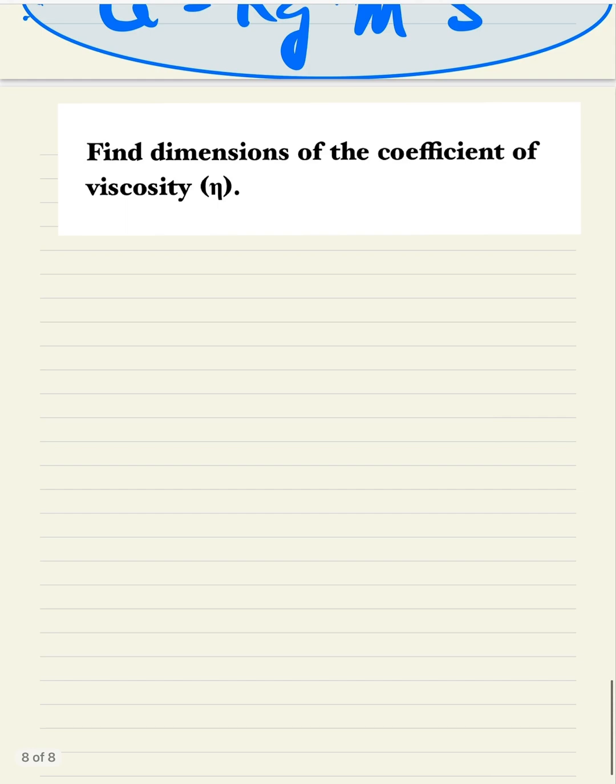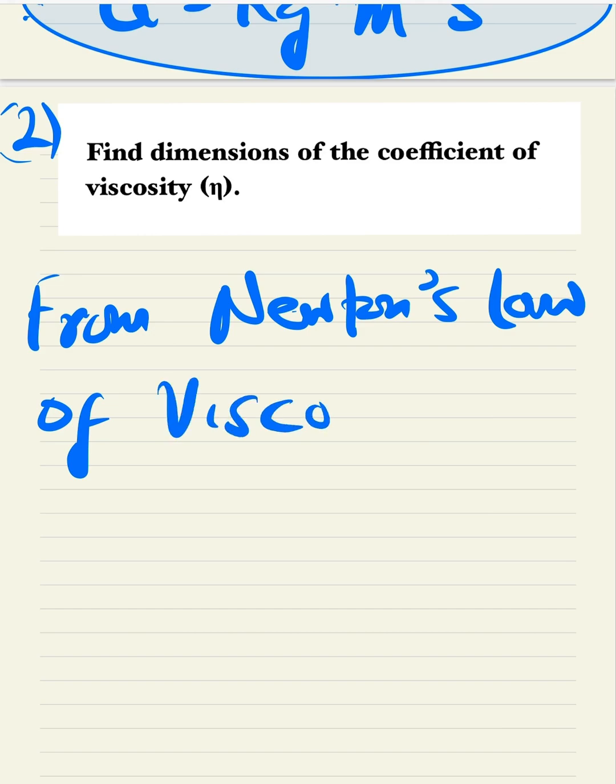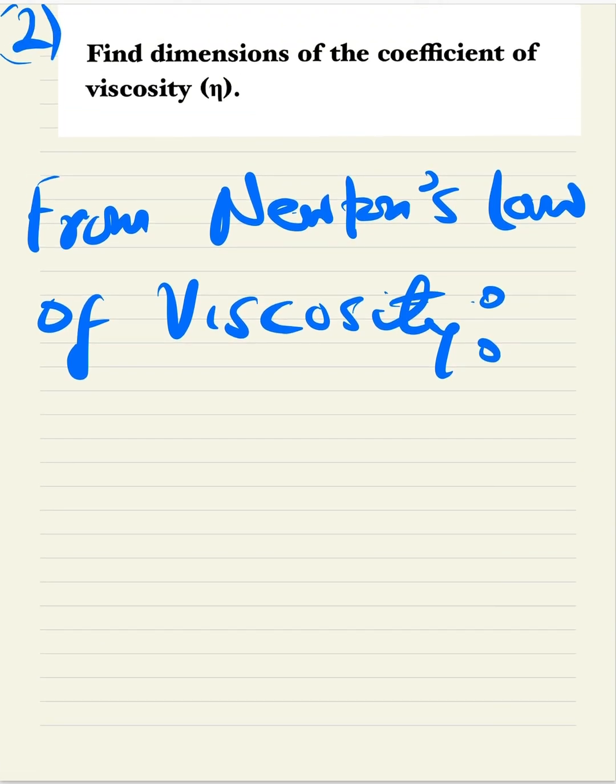You all remember what the coefficient of viscosity is, how it came in, right? There is always a force, and there is a law. That law is called Newton's law of viscosity. That is the second question. From Newton's law of viscosity, there is a formula that joins this coefficient of viscosity.